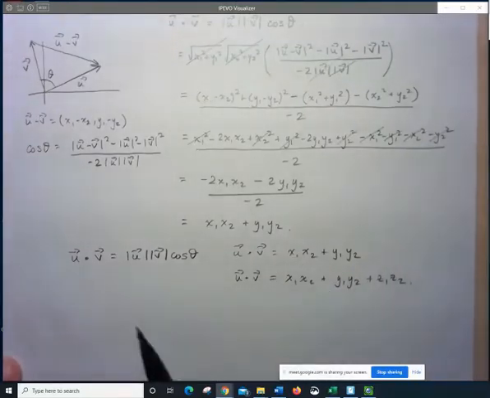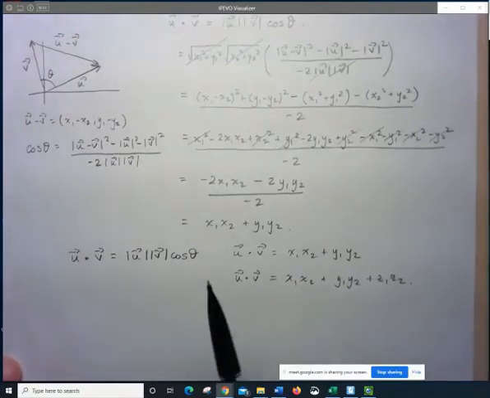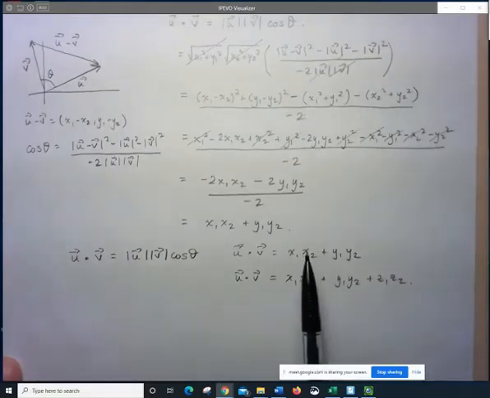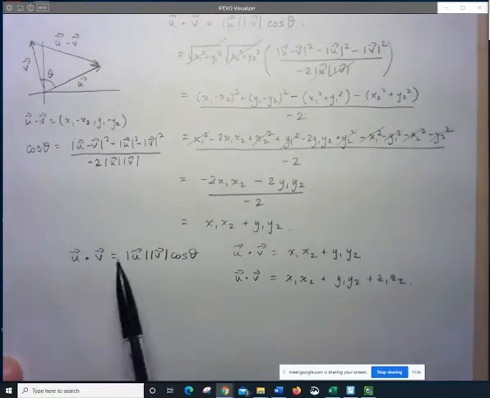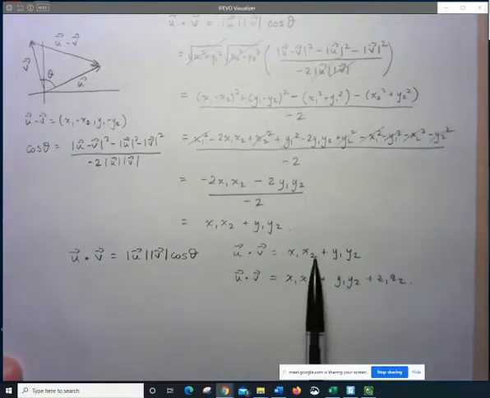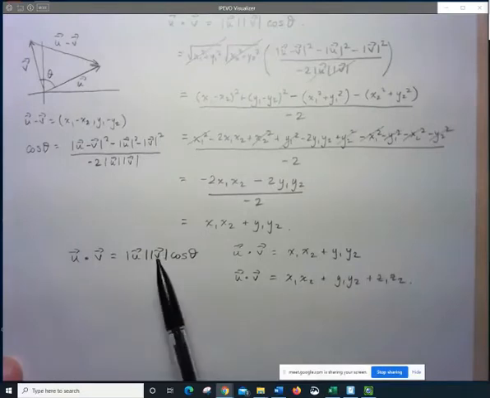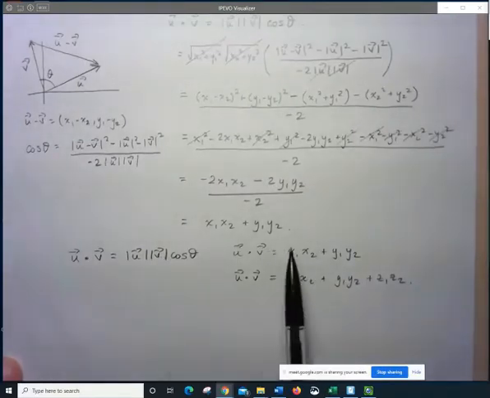Very often the usefulness of the dot product is when you combine the two definitions together. Because if u dot v is equal to this thing and it's also equal to that expression, it means that these two expressions are always equal. So I want you to keep that in mind.